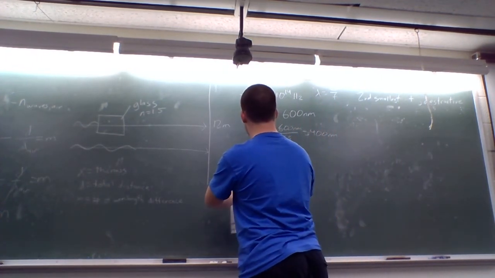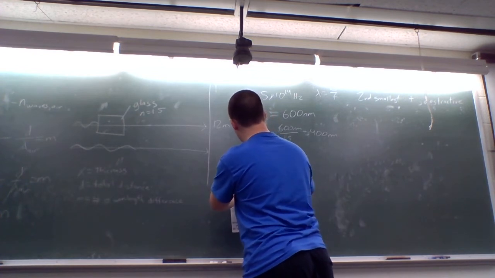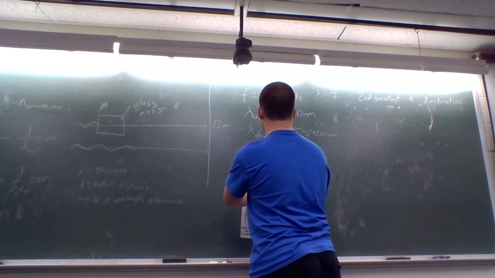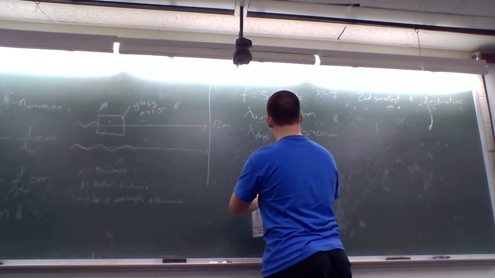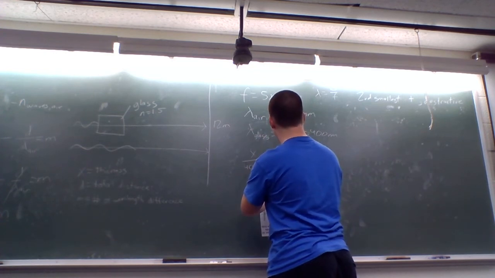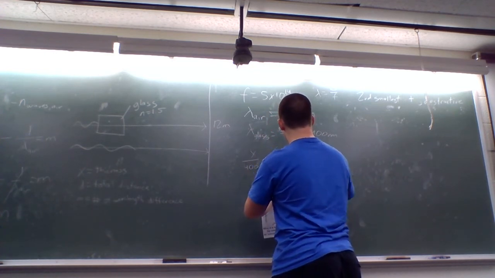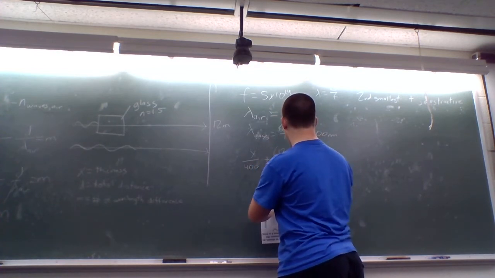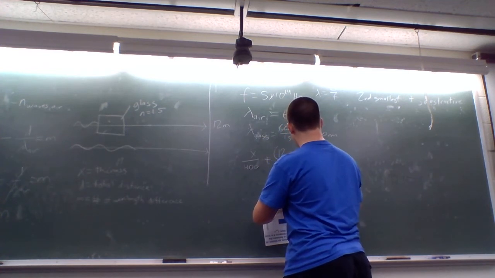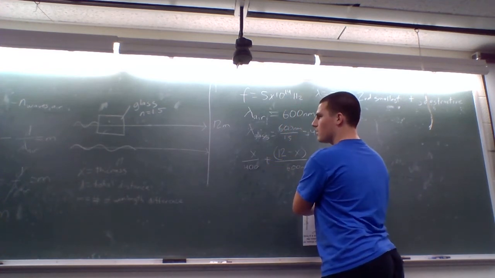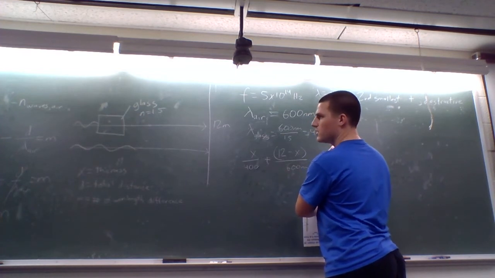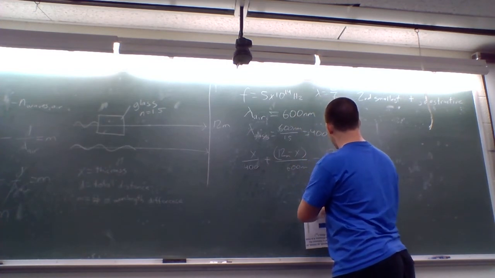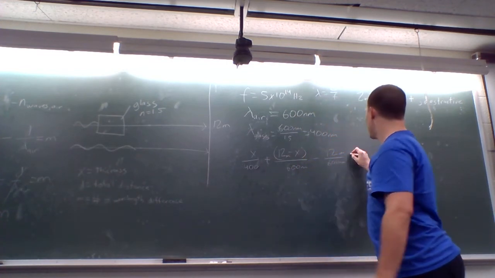So x divided by 400 nanometers plus d, which we already have, is 12, minus x divided by 600 nanometers, minus d, which is 12. These are meters, but 12 meters divided by 600 nanometers equals 1.5.